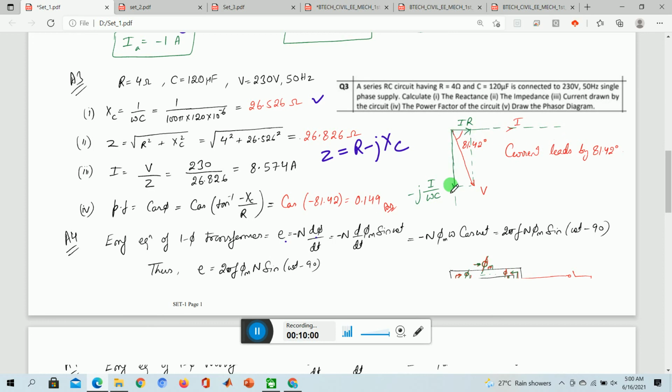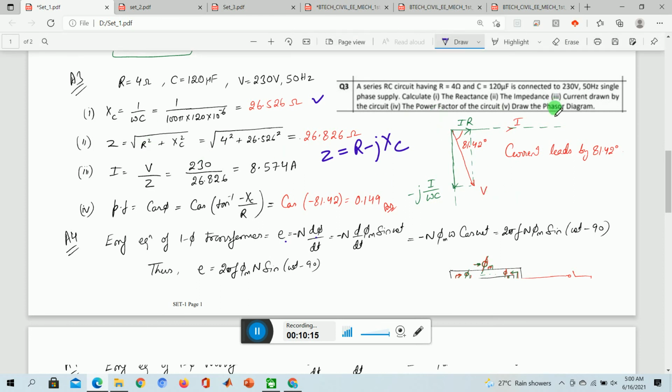But when you multiply the current with XC, there is a minus J term, so it will come downward. When you have a phasor addition of these two voltages, it will come like this, V. So here there are 5 bits, each of 2 marks, 2 plus 2 plus 2 plus 2 plus 2, like that, 10 marks.